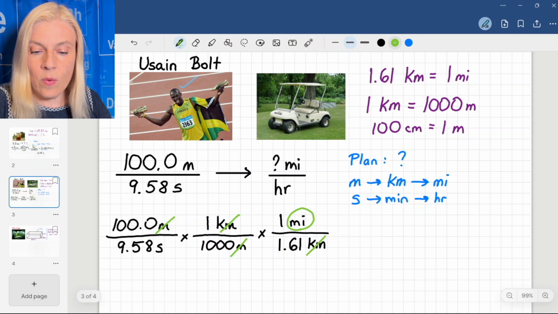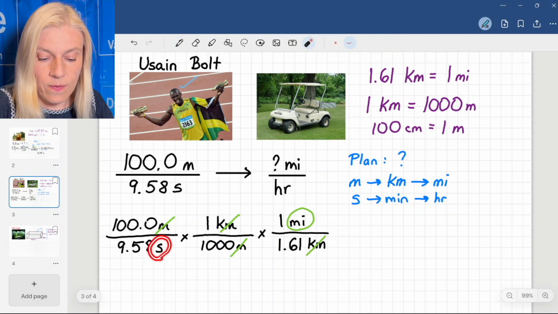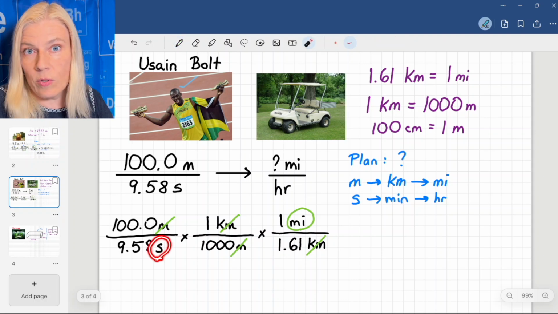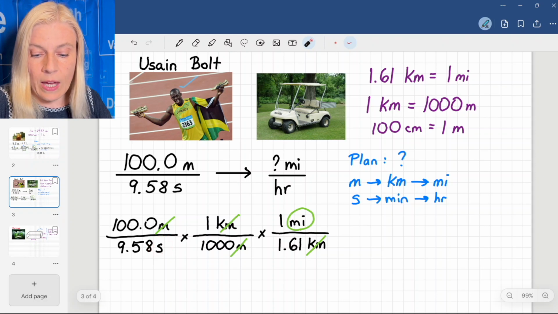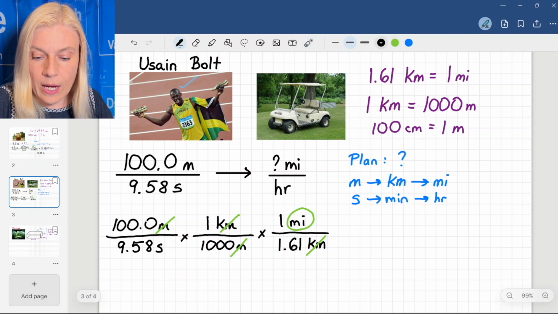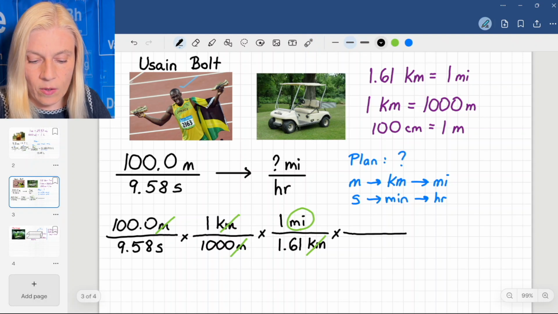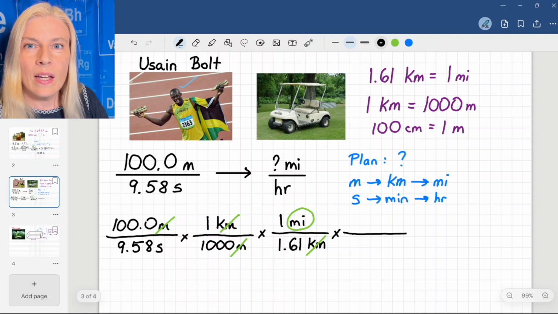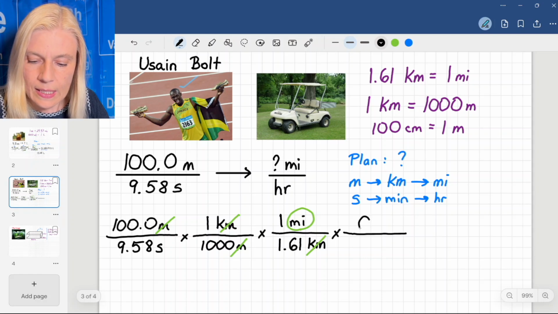But I also have right here these seconds. If I just say equals and calculate it, I'm going to have miles per second. I don't want miles per second. I need miles per hour. So I'm going to keep going. So now look, seconds is on the bottom. So how many seconds in a minute? I have 60 seconds per 1 minute.